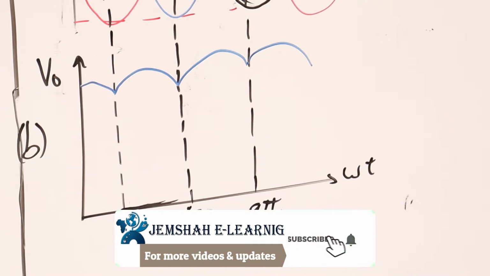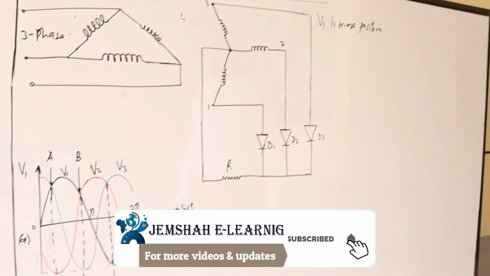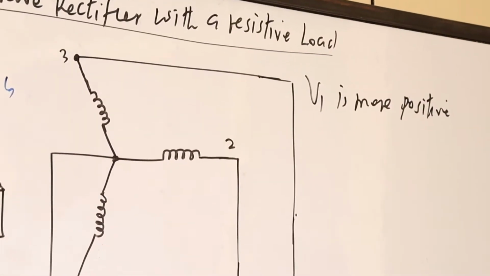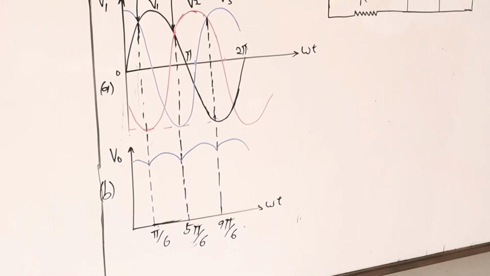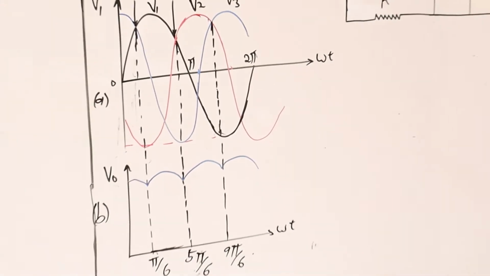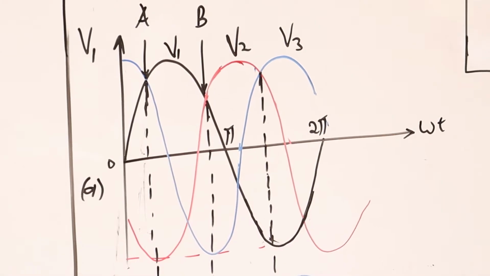The same applies to when V3 is more positive than V1 and V2, the diode D3 will conduct, that is between 9 pi over 6 and 13 pi over 6. So that is how the conduction takes place.